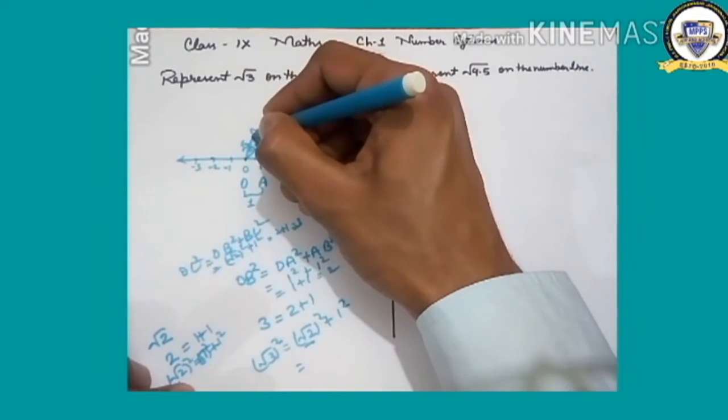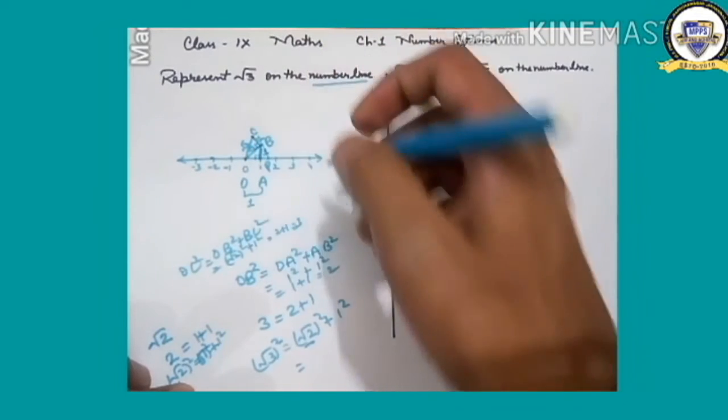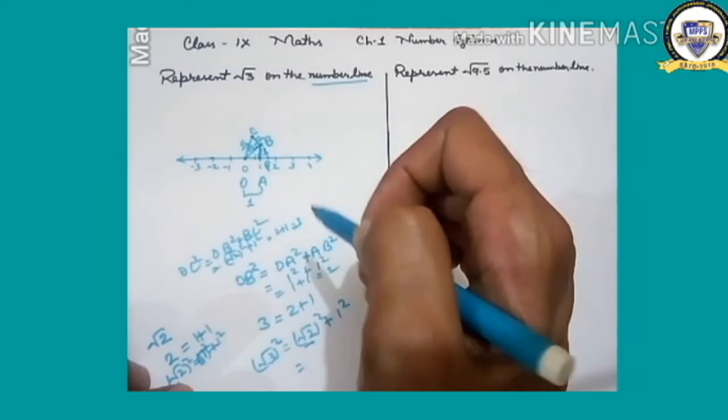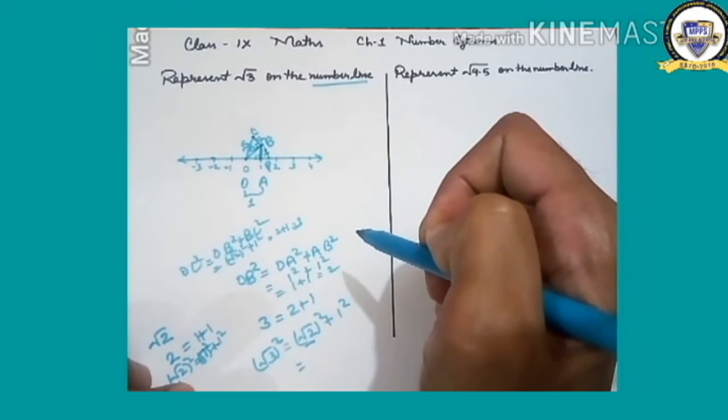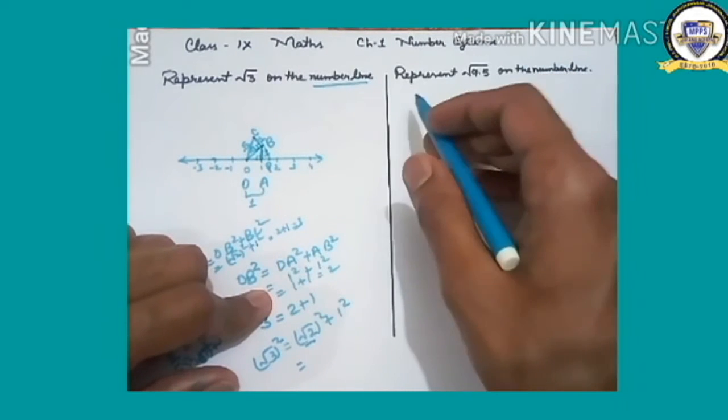Draw an arc which cuts the number line at point P. Hence, P represents square root 3 on the number line. Correct?